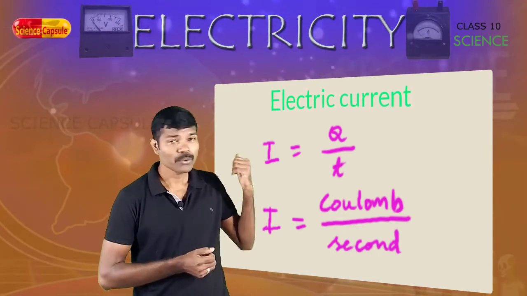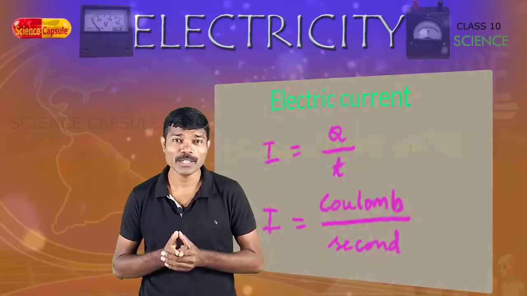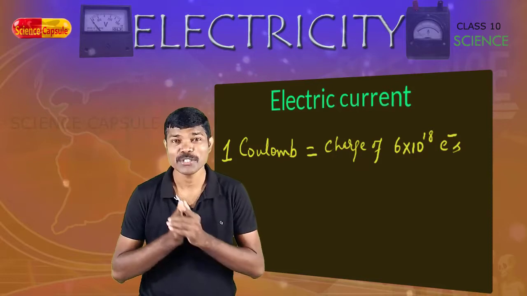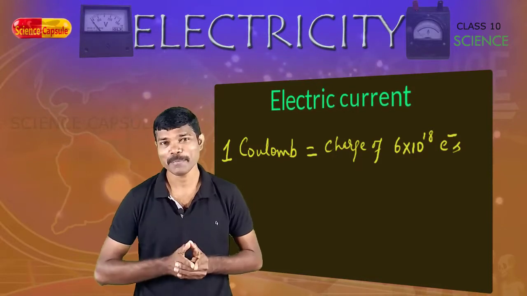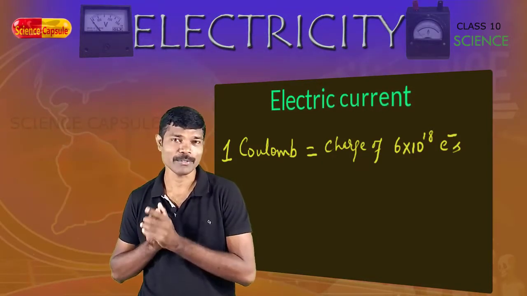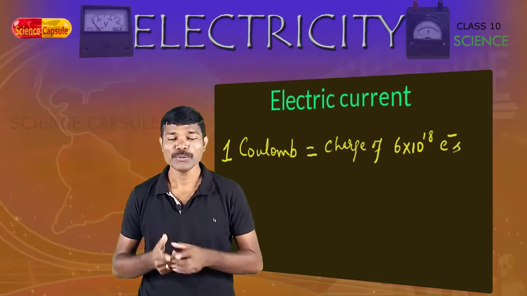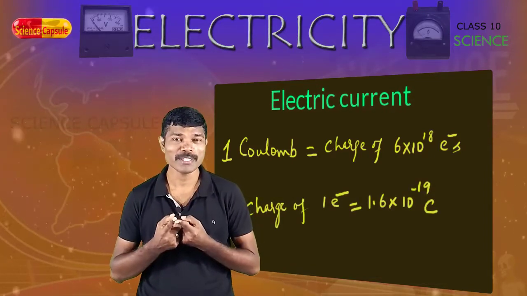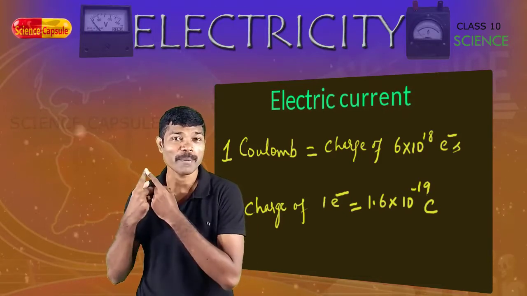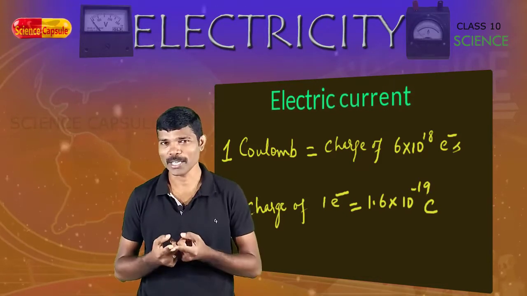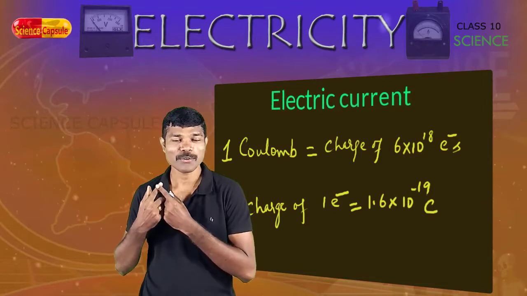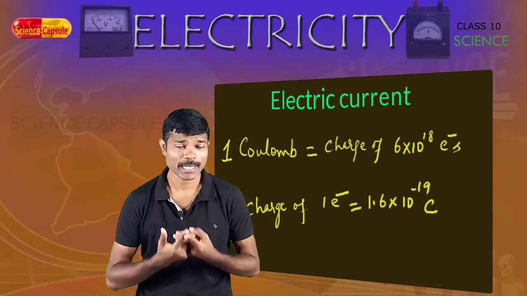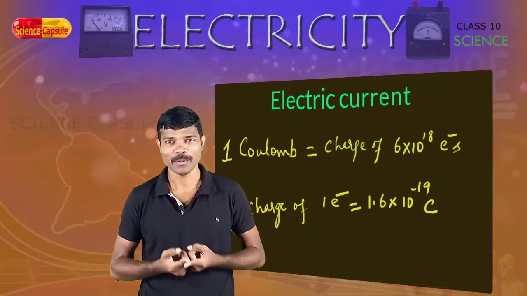Here 1 coulomb of charge is equivalent to the charge contained in nearly 6 × 10^18 electrons, that is negative charge. Now we know that 1 electron has a charge of 1.6 × 10^-19 coulomb. By knowing the charge of an individual electron, we can easily find the total charge present in 1 coulomb.